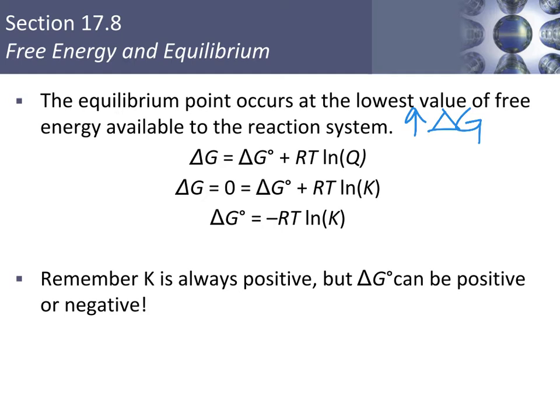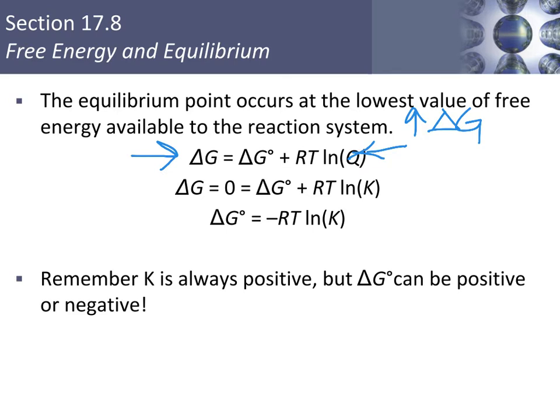There's actually an equation where we can calculate delta G if we are not at standard conditions. So not at 1 molar concentration, not at 1 atmosphere for pressure, not at 25 degrees Celsius for temperature. We're not going to work with that, but you can see Q is here, the reaction quotient that we talked about in the equilibrium chapters.